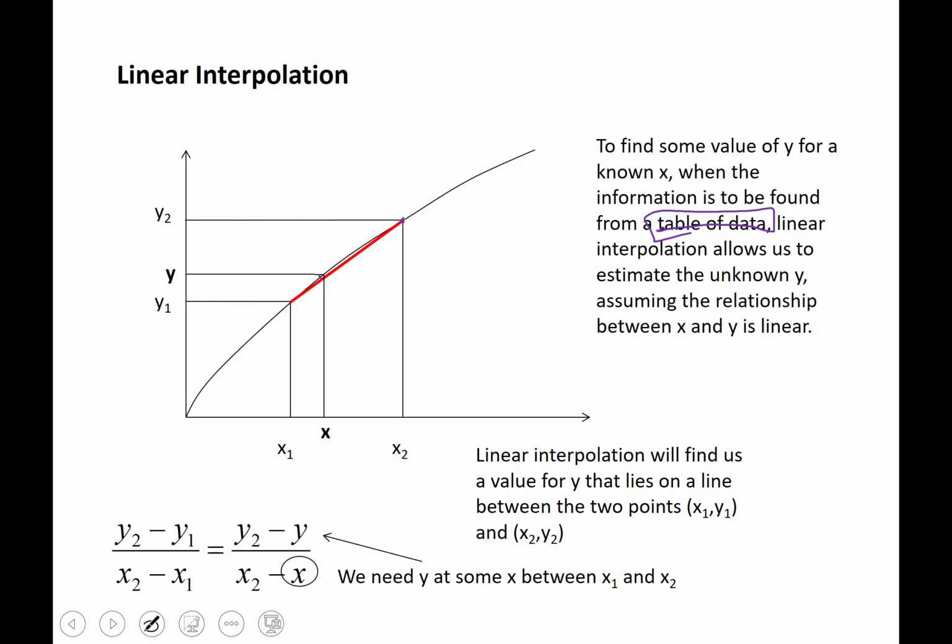So what we have to do is assume that the slope between y and y1 is the same as the slope between y1 and y2, which we have on the table. And this is a simple formula. It's just comparing the two slopes between y1 and y2 and the data point that you are looking for.